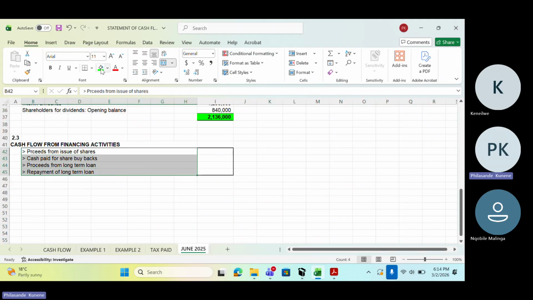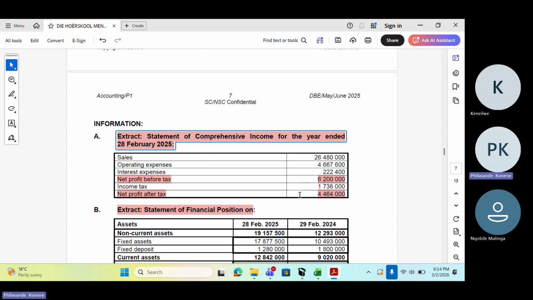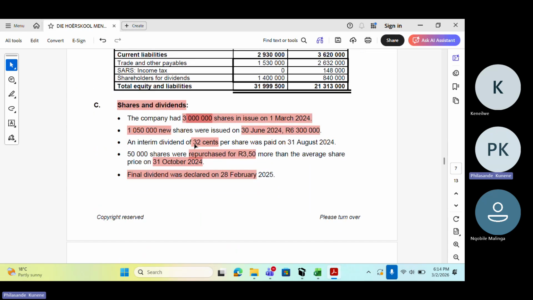We have proceeds from issue of shares, so we need to check if we issued shares, then calculate those proceeds and check how many shares we issued. We got that from the information that we issued a certain number of shares. If you remember, we do have shares that were issued during the year, which was 1,050,000 shares.